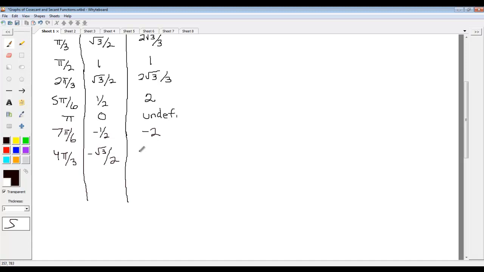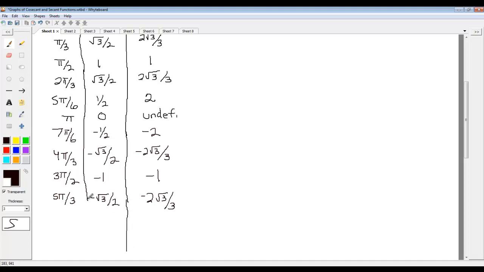For cosecant, you get negative 2 square roots of 3 over 3. When you get to 3 pi over 2, sine is negative 1, cosecant is negative 1. When you get to 5 pi over 3, sine is negative square root of 3 over 2, cosecant is negative 2 square roots of 3 over 3.